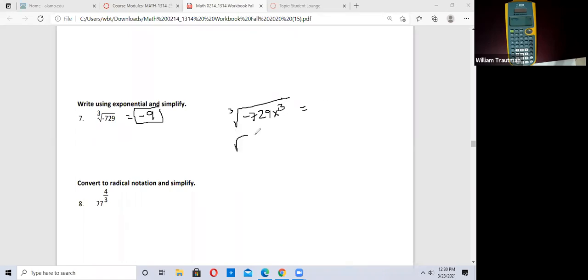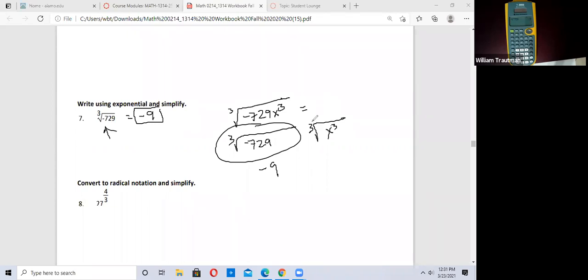Well, remember, if things are multiplied together, you can separate the items inside. This, we know, we just did it, is negative 9.